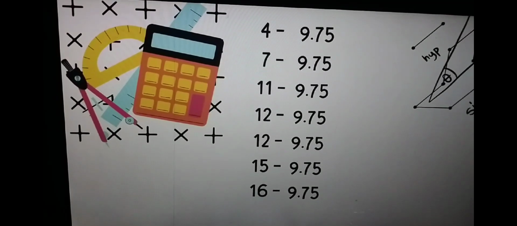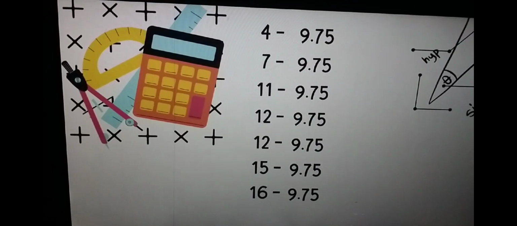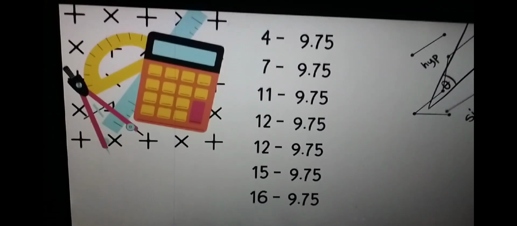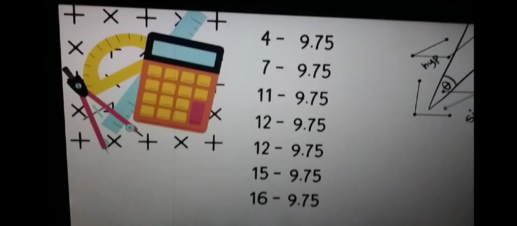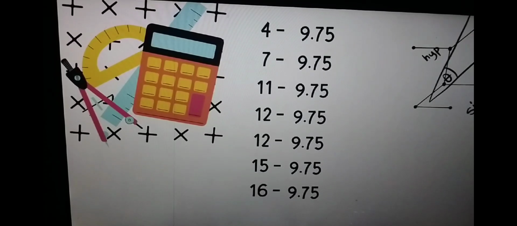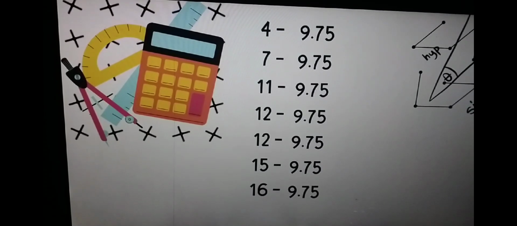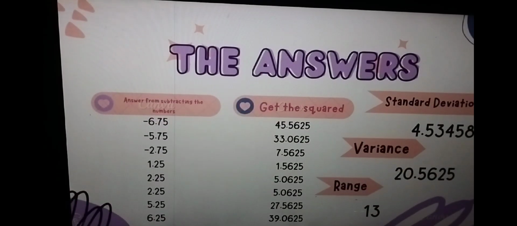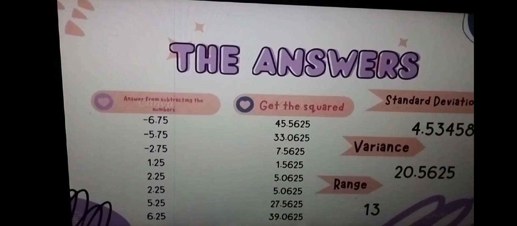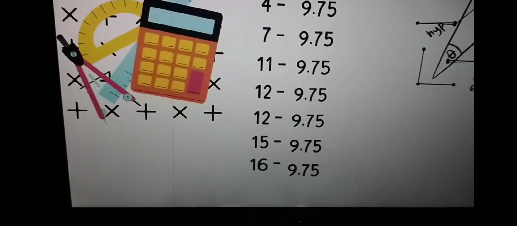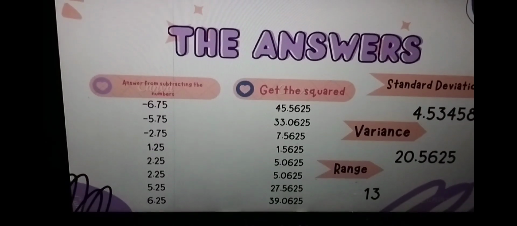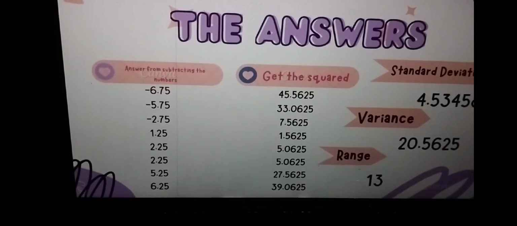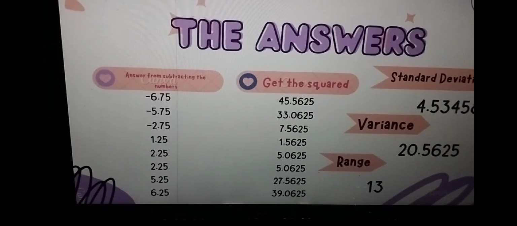Next, we use 9.75 to subtract from these numbers. So 4 minus 9.75, 7 minus 9.75, and so on. So these are the answers. When we go back here, we have 4 minus 9.75, and the answer shown is negative 5.75... in the video, negative 6.75, and so on. After that, we get their squares.